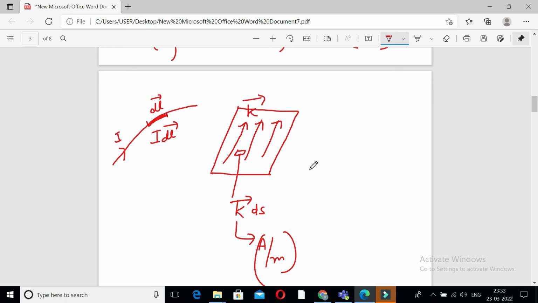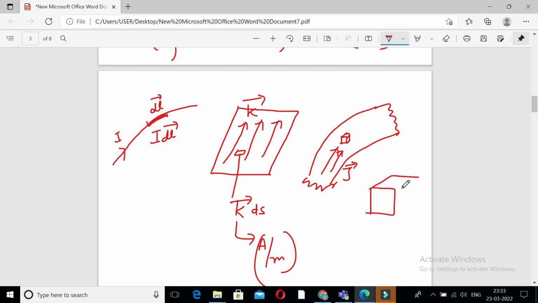Third case, volume. This is the small volume, and this is the J. Similarly, we can see only one face. If this is a cube, it may have this face, this face, or this face, any face among the six.